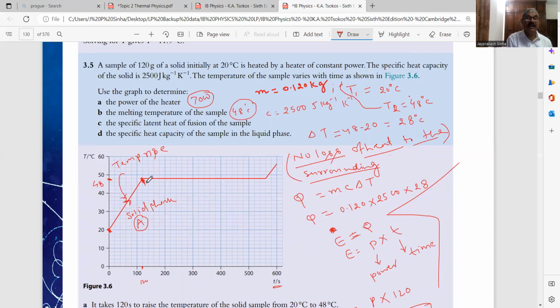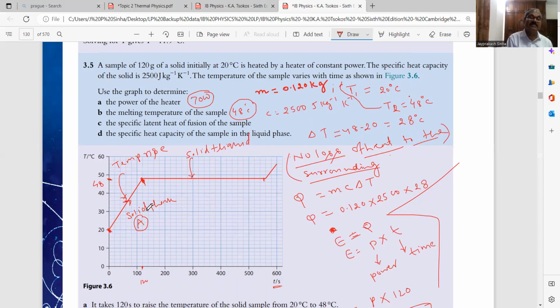Because this is occurring at constant temperature, this is your constant temperature, and it is changing phase from solid to liquid. For this portion, it will be in solid plus liquid, both the states.